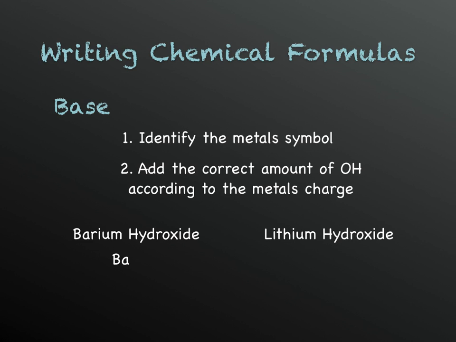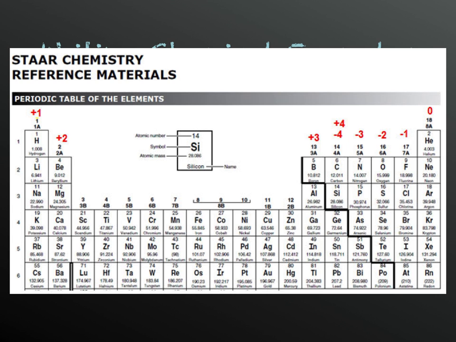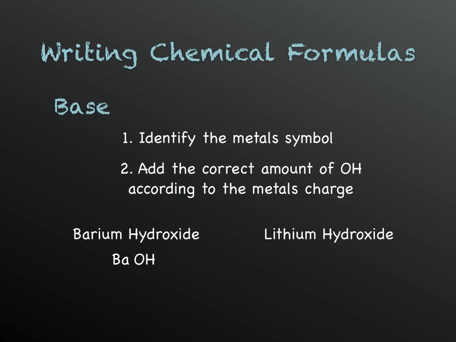There's our Ba for barium, and there's our OH. Look in our periodic table, find barium, there it is. It's in the second column, the 2A column. Remember that anything in the 2A column has a +2 oxidation number. So that means we're going to have to replace the +2 with 2 hydroxides.